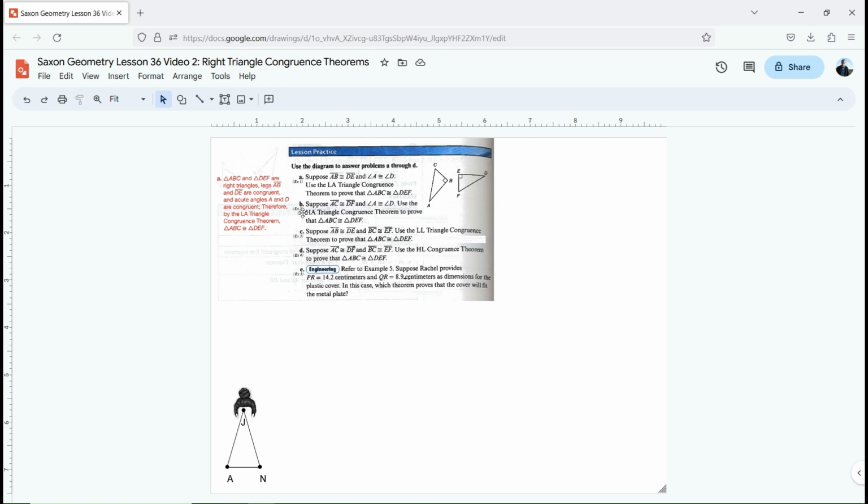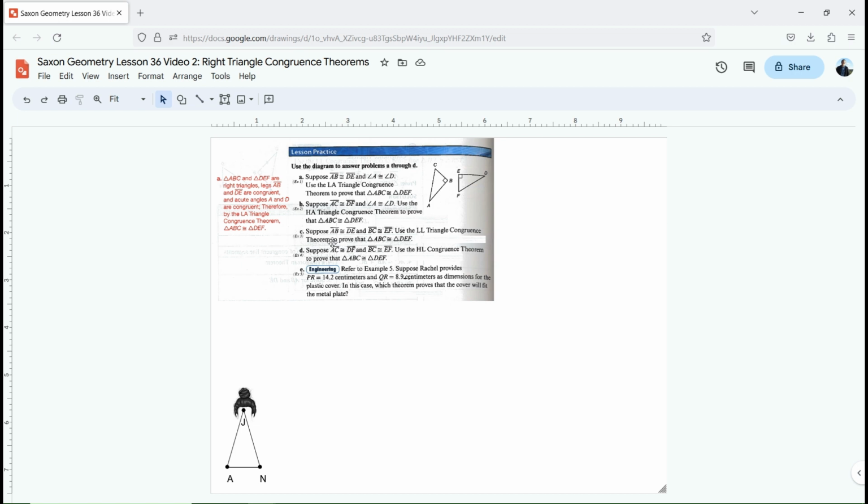And in this case, it's the hypotenuse angle triangle congruence theorem. So what I would state at the end would be exactly this answer, except I would replace legs AB and DE with hypotenuse AC is congruent to hypotenuse DF, given. Therefore, by the HA triangle congruence theorem, triangle ABC is congruent to triangle DEF.